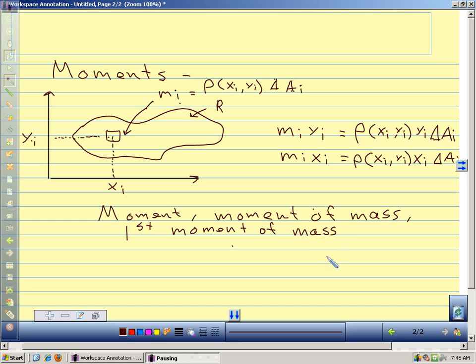All these things mean the same thing. And first moment refers to the fact that we're weighting it just by its distance. So our distance is raised to the first power. So the moment of mass, first moment of mass, we do our moment with respect to each axis.